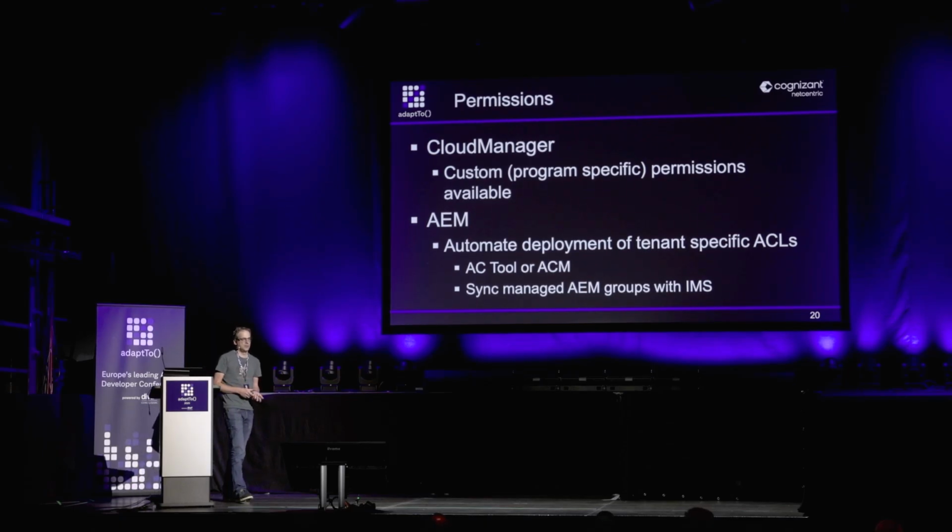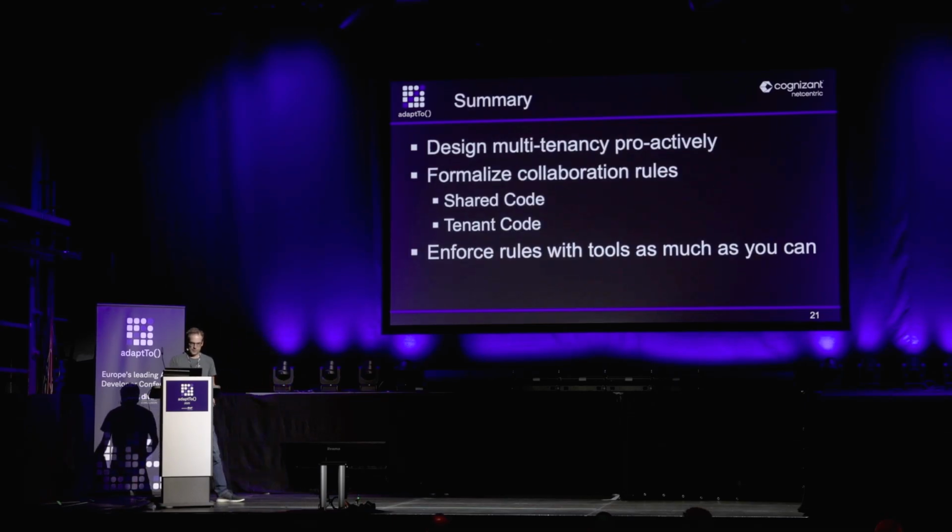So what the AC tool can do is you can automatically deploy tenant-specific groups inside AEMaaCS. So you immediately see that in the admin console. And with that, I think I skipped the summary. So if you read it later on, these are the important points I want you to remember. And thanks a lot for the attention.